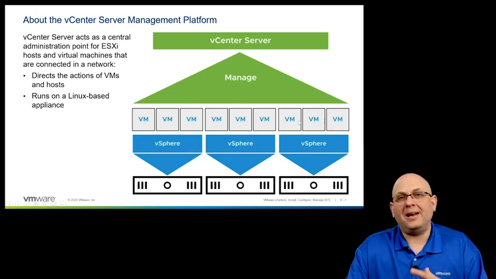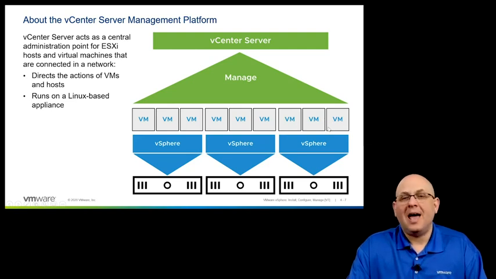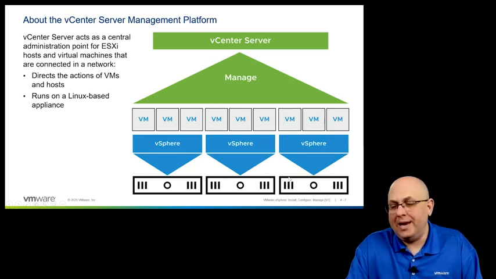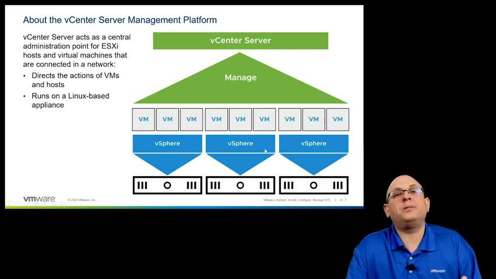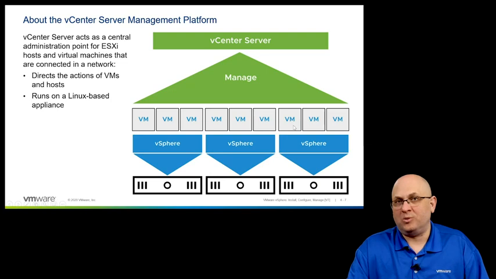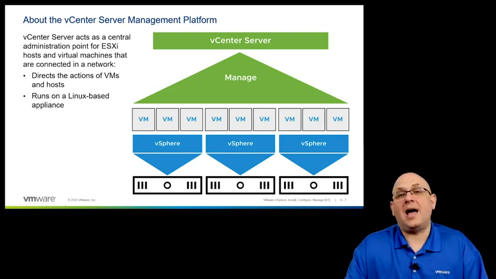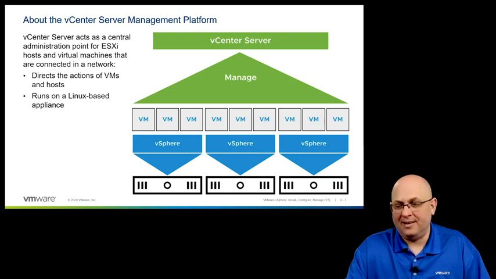Now, if you wanted to manage an environment without vCenter Server here, you'd have to log into each of these ESXi hosts separately so that you could see the virtual machines running on them. And there would be no communication between ESXi hosts. So I wouldn't be able to do things like do a vMotion, where I migrate a virtual machine from host to host. I also can't do things like cloning. There's all kinds of things that I can't do without vCenter.